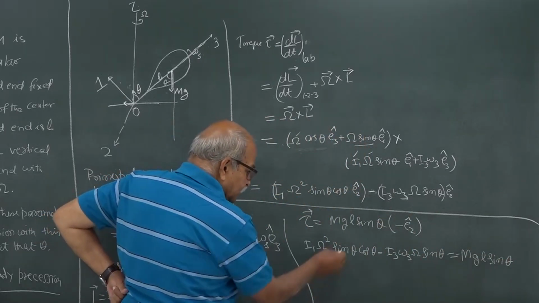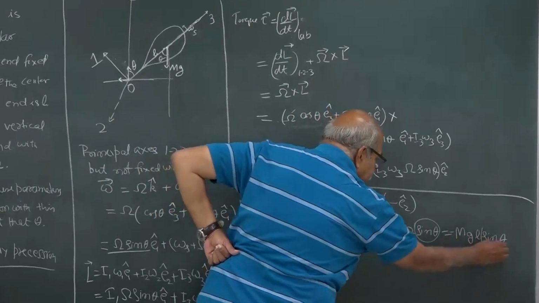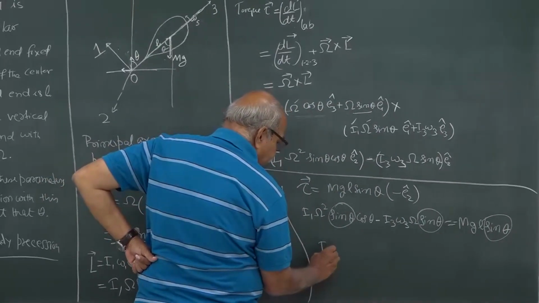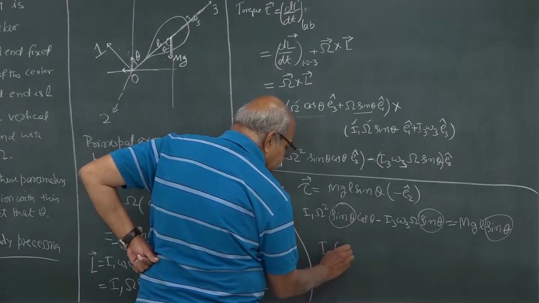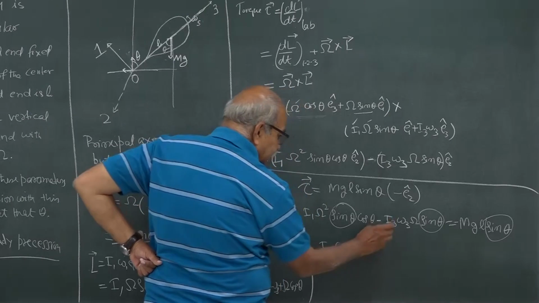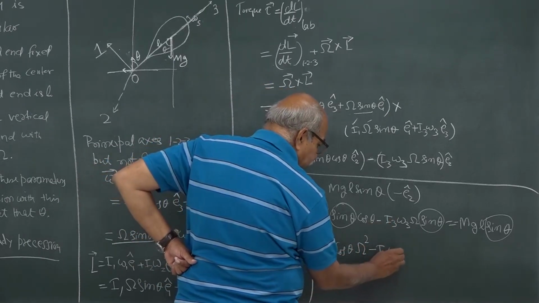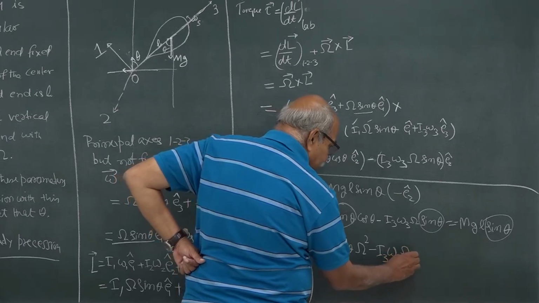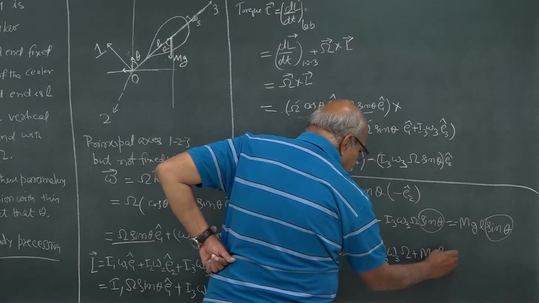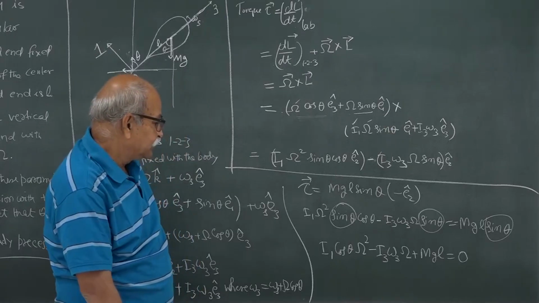Now, sin theta you can cancel, sin theta here and sin theta here. So, that can be cancelled. What you have now is I1 cos theta capital Omega square minus I3 omega 3 capital Omega plus mgL is equal to 0.